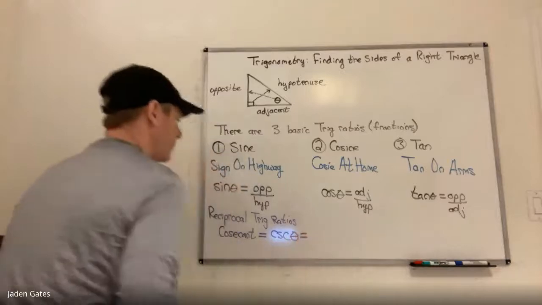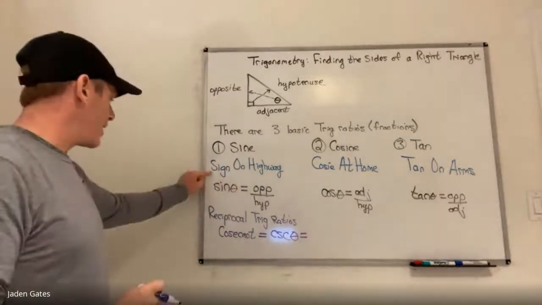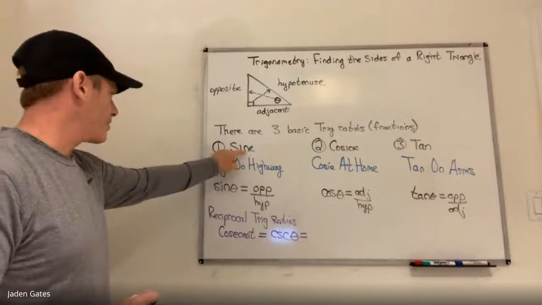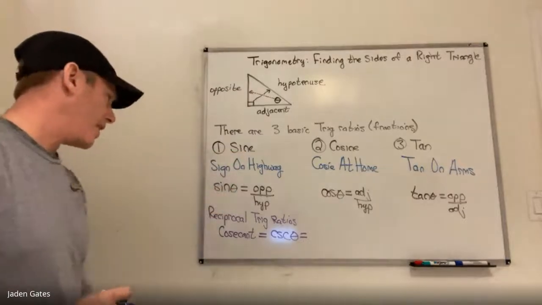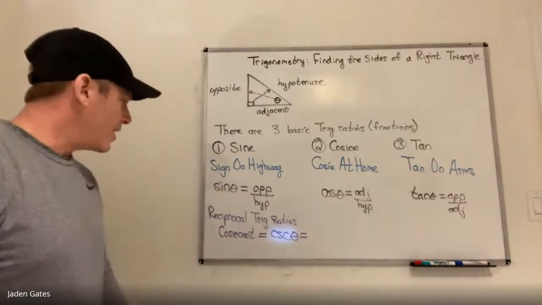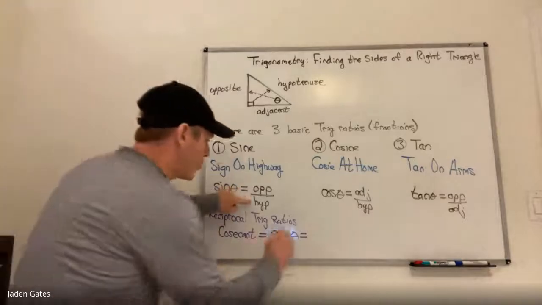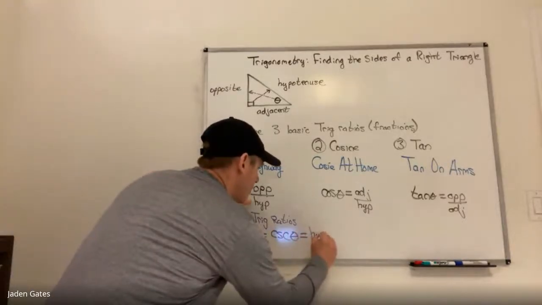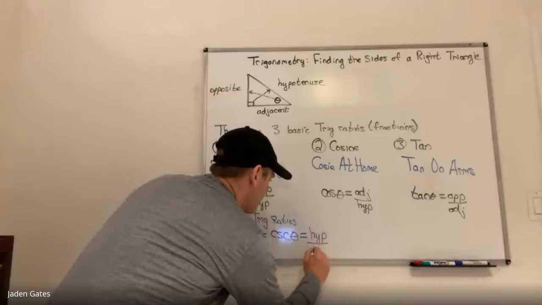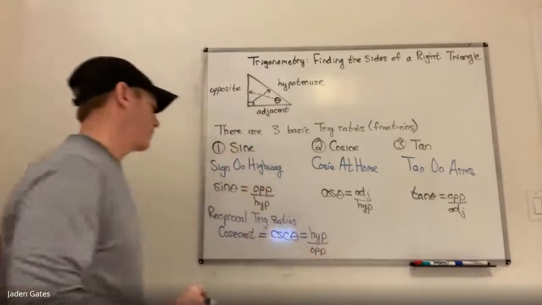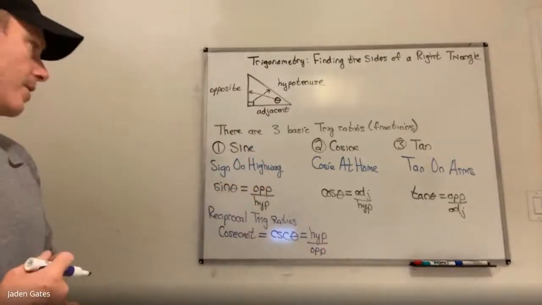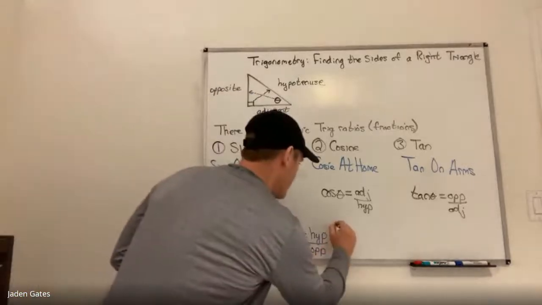That's the short form, just like sine, S-I-N-E, the short form is S-I-N. Well, cosecant, CSC, is when you take your hypotenuse and divide it by the opposite. The next one is secant.